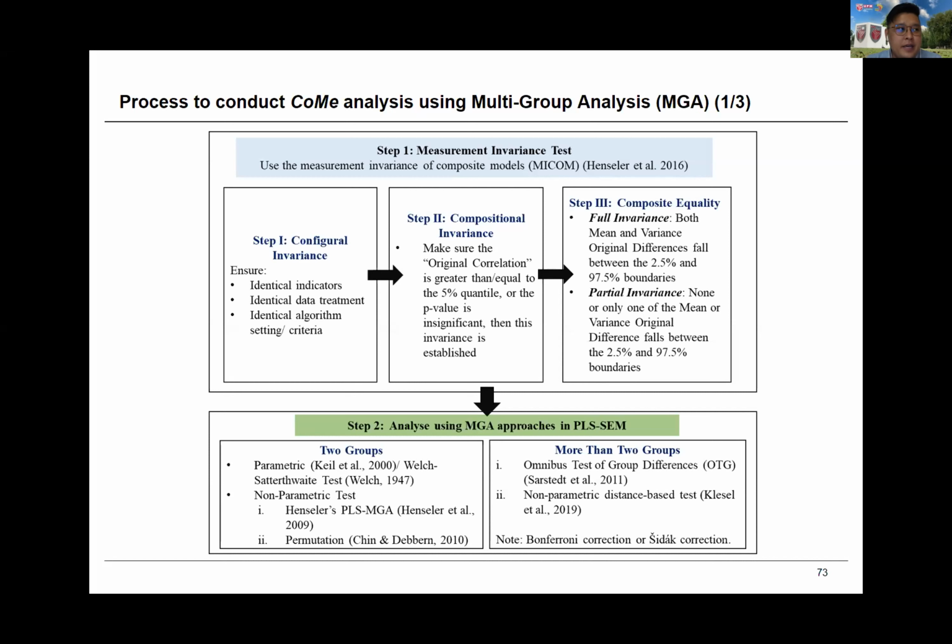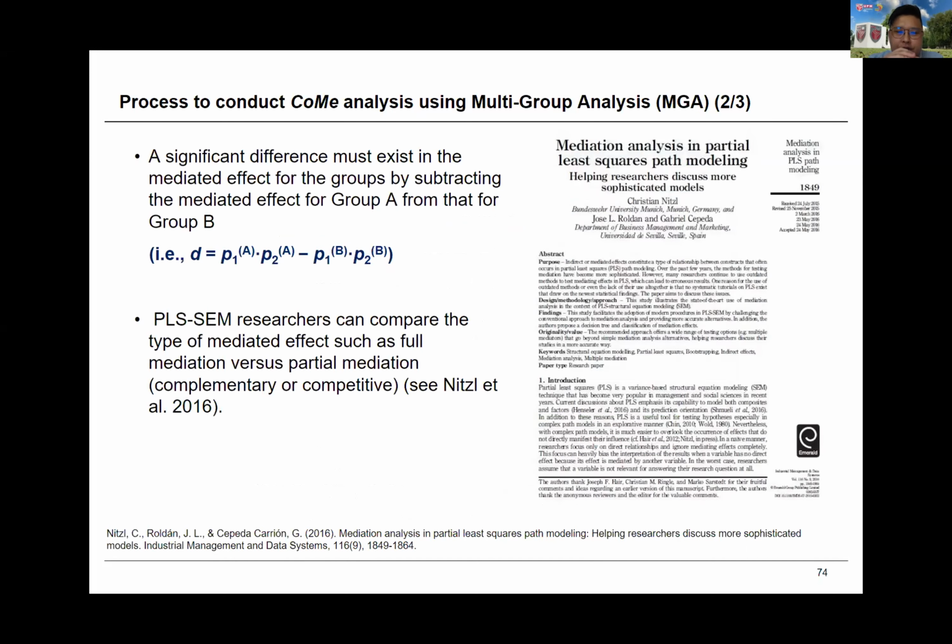This is stated in the advanced PLS primer book. So to summarize, how to run MGA for the COMI model, of course, researchers need to look into the D. Again, this D represents the conditional mediation effect for the COMI model, right? For the conditional mediation model. So if you want to compare two groups' indirect effects, first of all, check the difference.